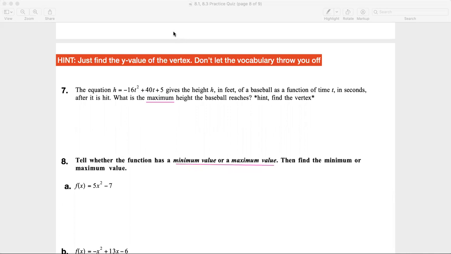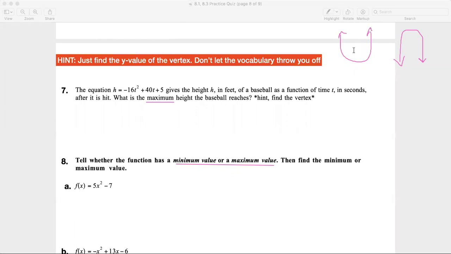All right, so let me give you a quick reminder of maximum and minimum, okay? Parabolas are either facing up or facing down. When we talk about maximum or minimum, I gave you a hint, and I'm saying just find the y value of the vertex. That's it. When you hear the word max or min, it means what is the y value of the vertex? Now, what's the difference between a maximum and a minimum?